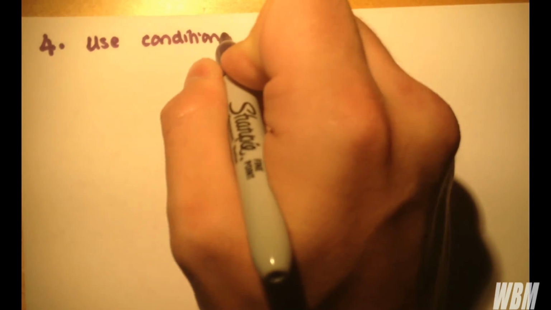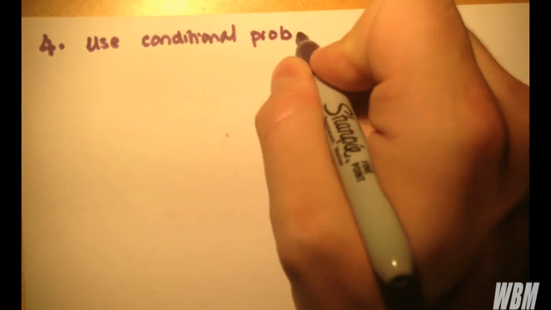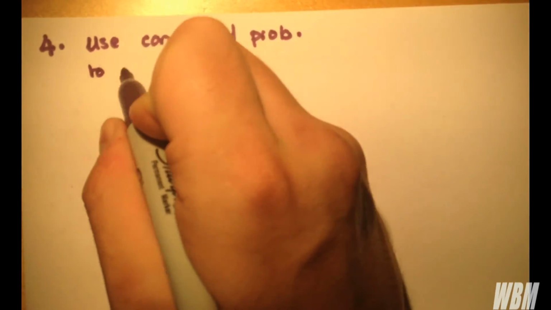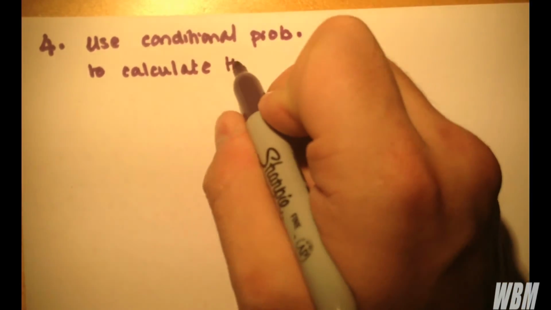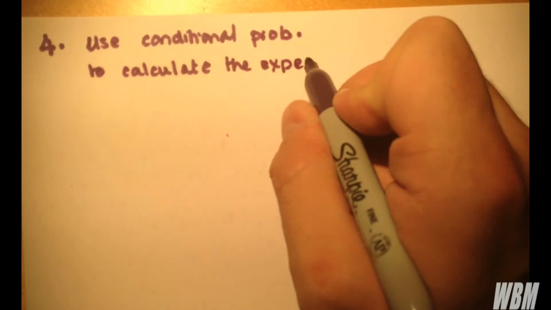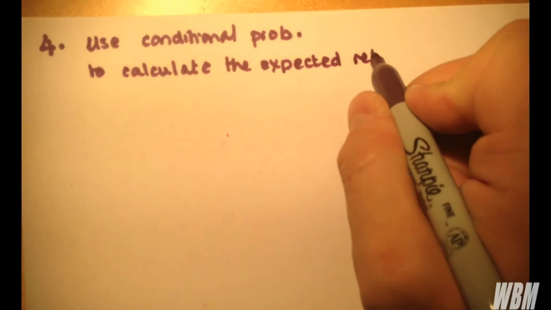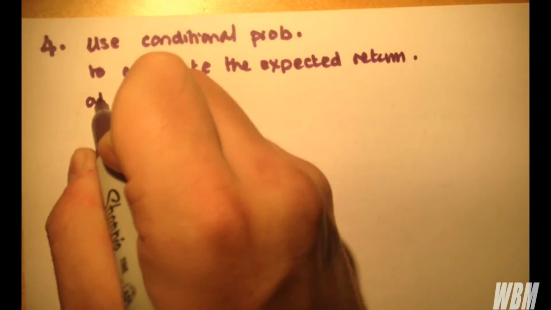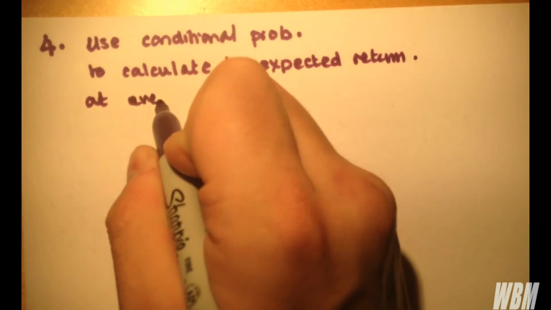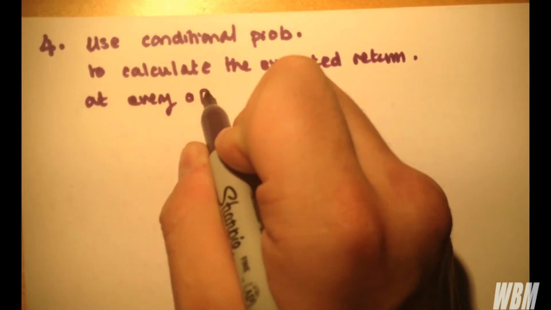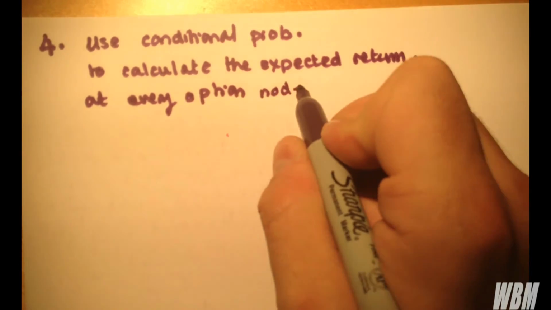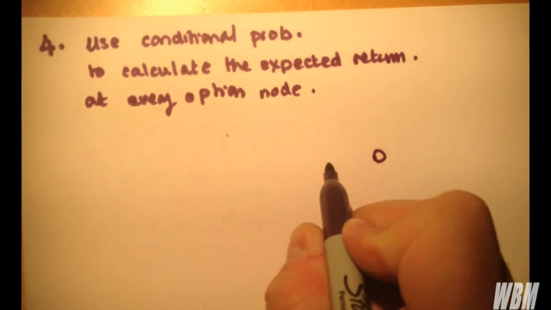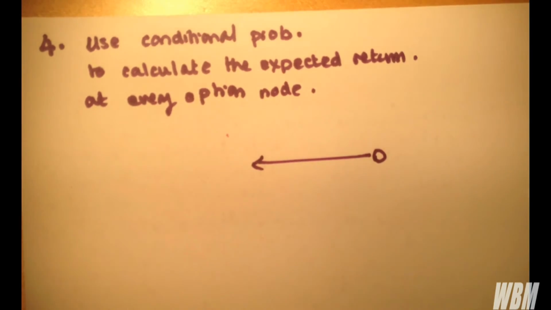We use the conditional probabilities to calculate the expected return at every option node. So we work from the right to the left.